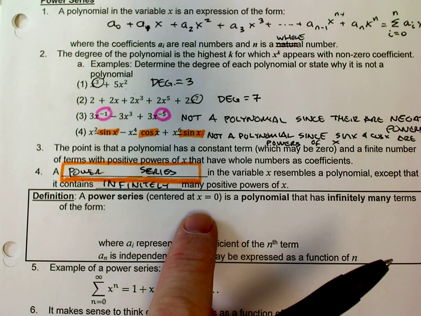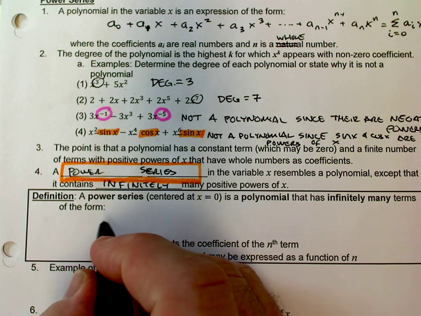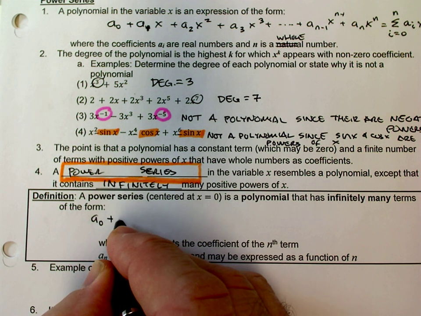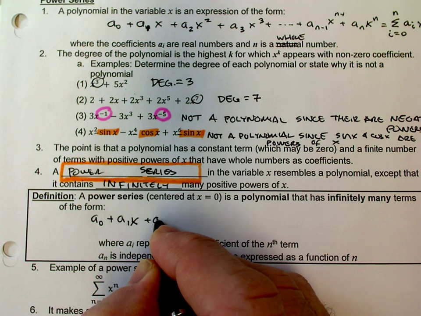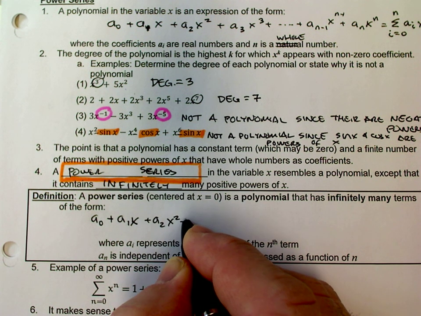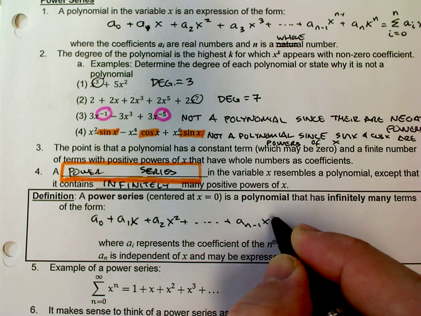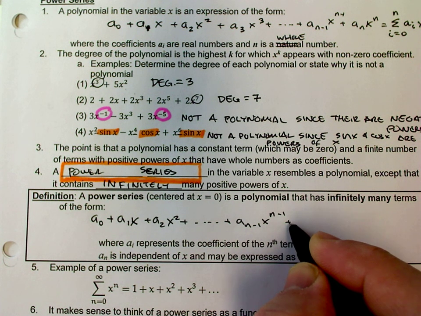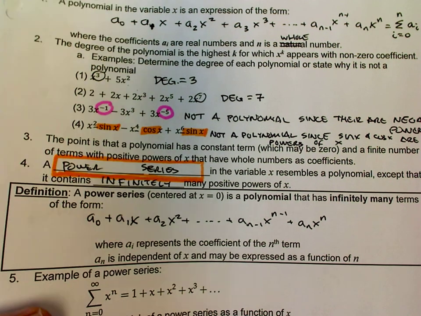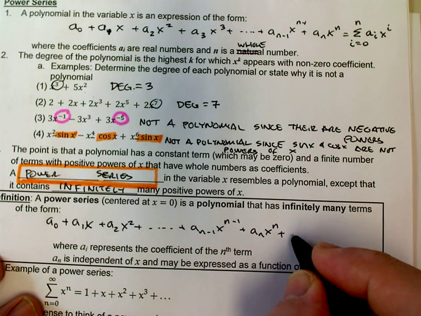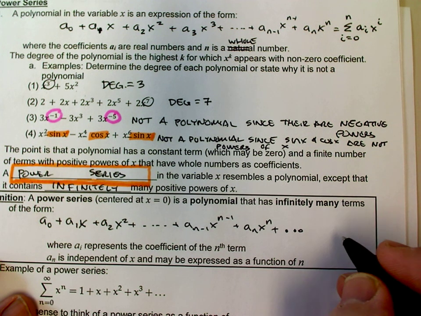A power series centered at x equals 0 is a polynomial that has infinitely many terms, and it's going to look like this. a sub 0 plus a sub 1 times x plus a sub 2 times x squared plus a sub n minus 1 times x to the n minus 1 plus a sub n times x to the n plus, and then I'm going to put my dot, dot, dot here because this is going to go on forever and ever.